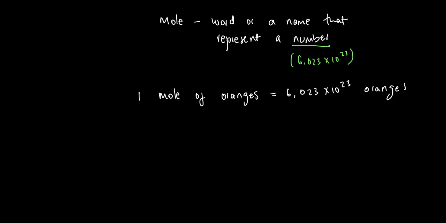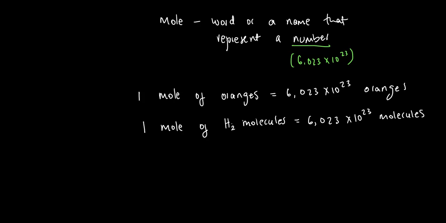So similarly, if I say 1 mole of hydrogen molecules, of H2 molecules, that tells me that I have 6,023 times 10 to the power 23 molecules of H2. And that is a huge number of molecules.